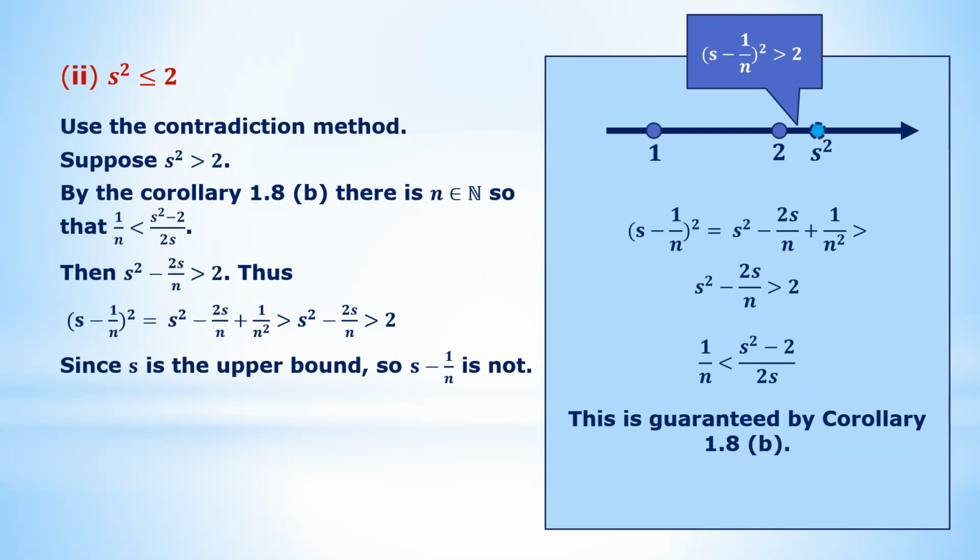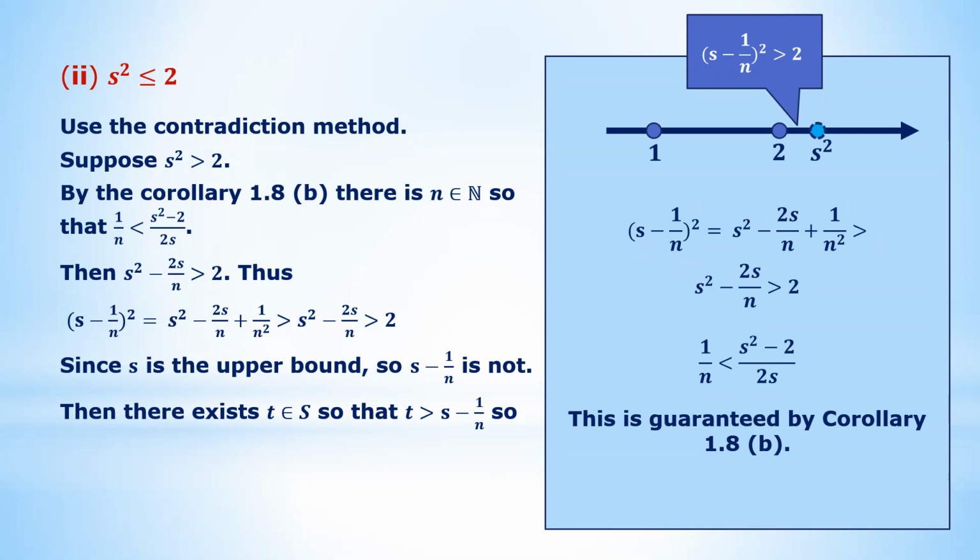This means that there exists an element in S, denoted by t, such that t is greater than s minus 1 over n. This is because s minus 1 over n is not an upper bound. So from this gap, the existence of n inside this gap, I can conclude that there is a t in S with t greater than s minus 1 over n.